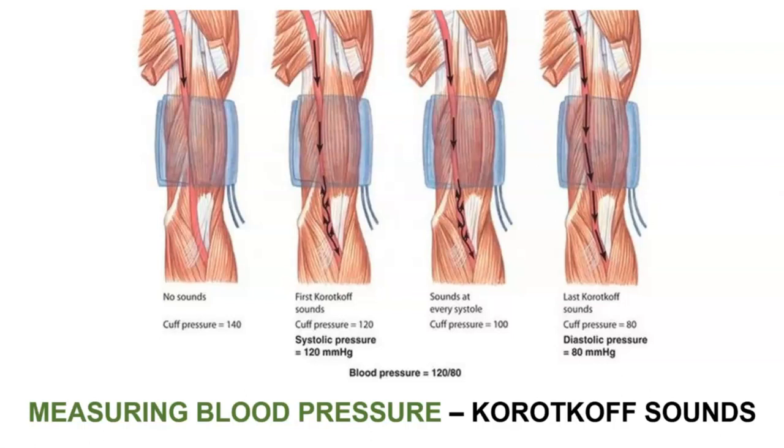The Korotkoff sounds would then be heard at every systole, that is, with every heartbeat. And finally, the last Korotkoff sound would be heard when the cuff pressure equaled the diastolic pressure, as the artery would then be completely open and the blood flow would not be turbulent anymore, it would flow much more smoothly.